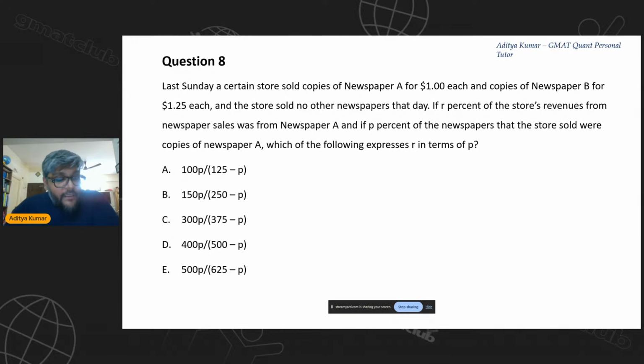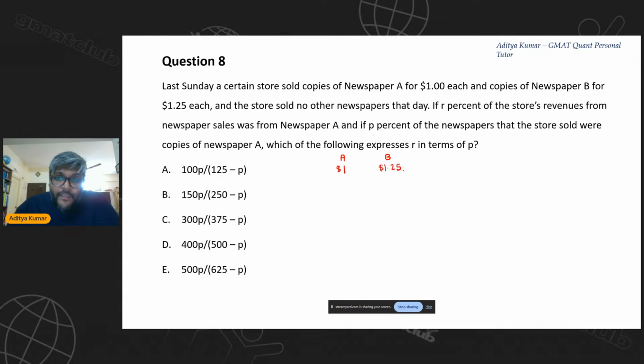Last Sunday, a certain store sold copies of newspaper A for $1 each, and copies of newspaper B for $1.25 each. And the store sold no other newspapers that day.